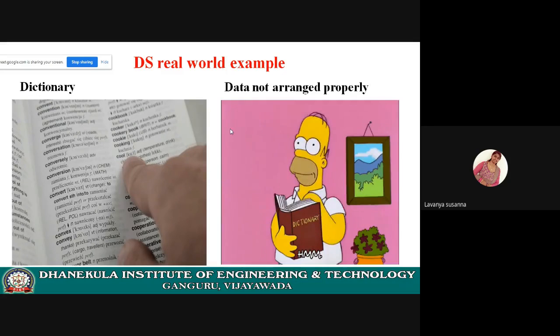If data is not arranged in alphabetical order in this dictionary, it will take a lot of time for you to search, right? In the same way, if the data stored in computer's memory is not following some order in a particular format, it will be very difficult for you to retrieve the data, or to search the data, or to manage the data.